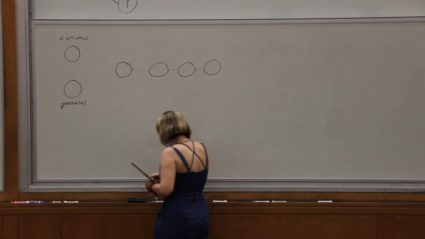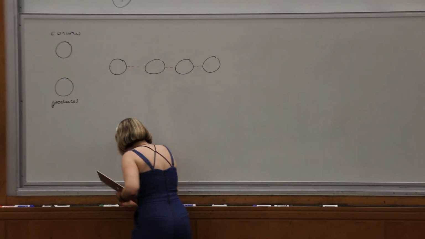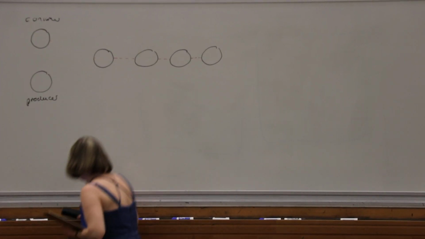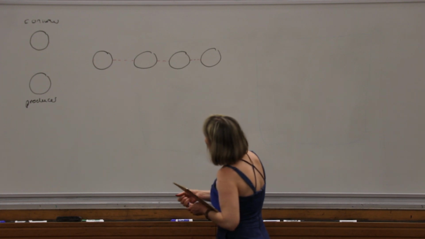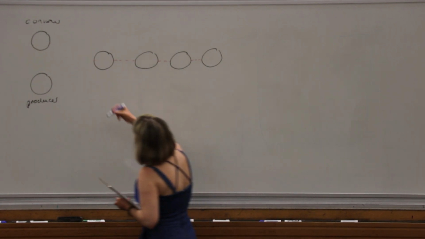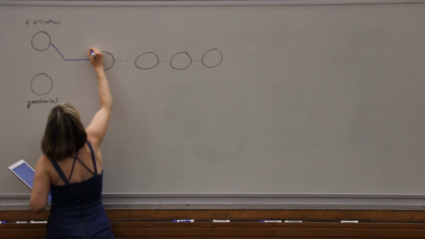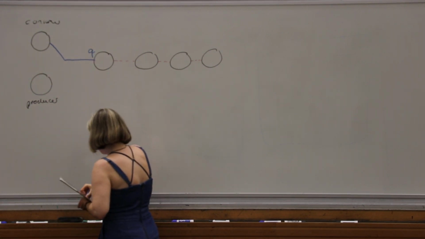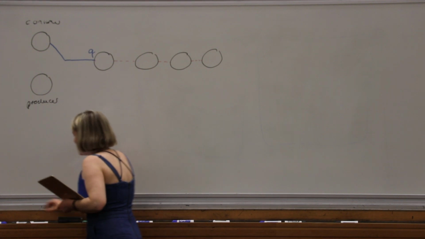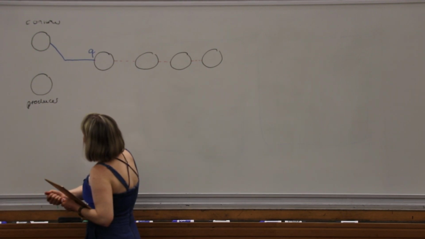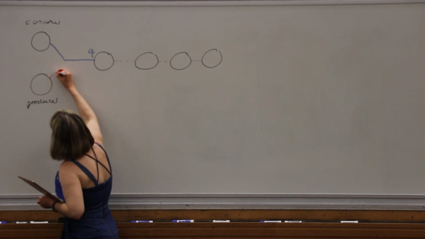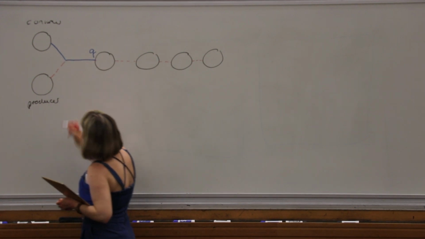And I'm going to use blue for the linear channel. And note that the producer actually still has only a shared channel to the queue.